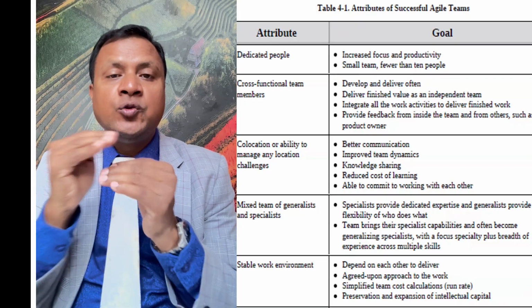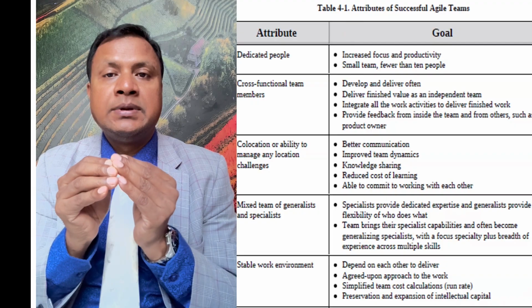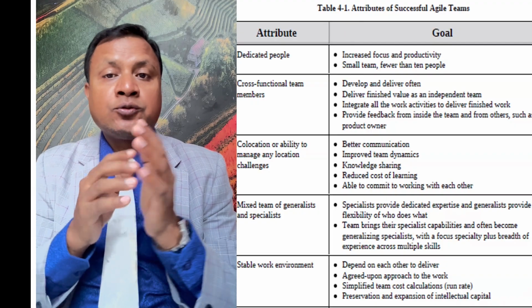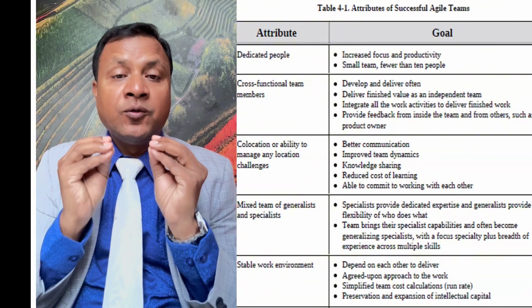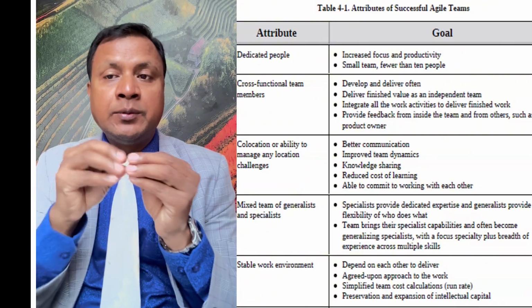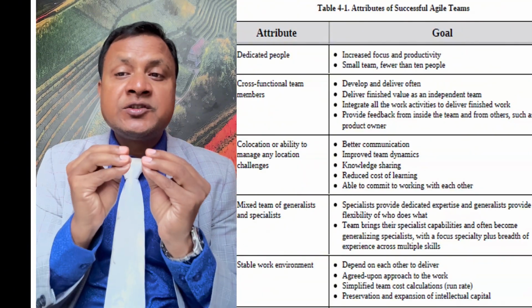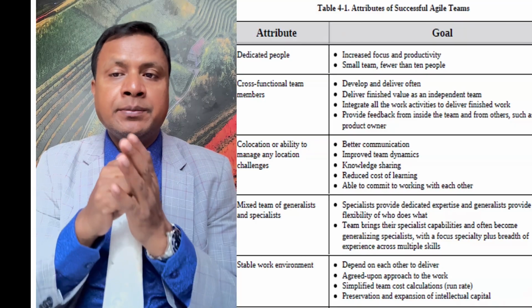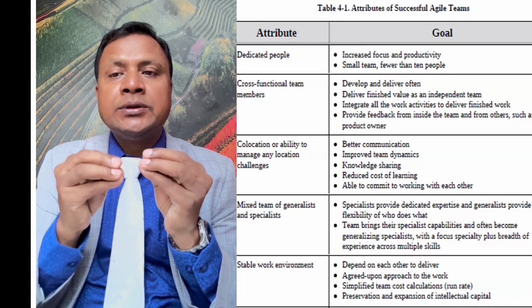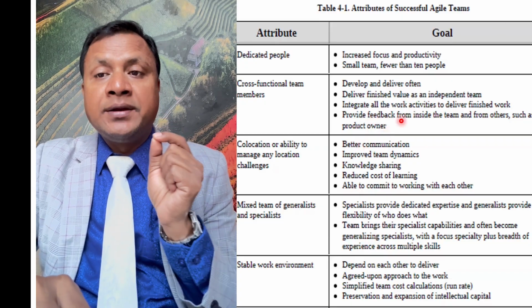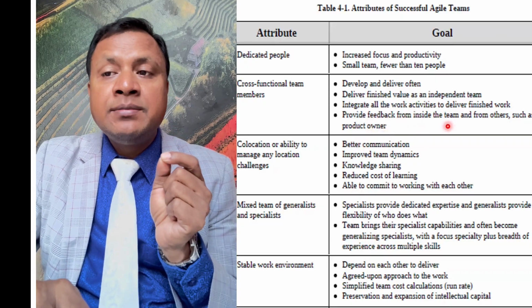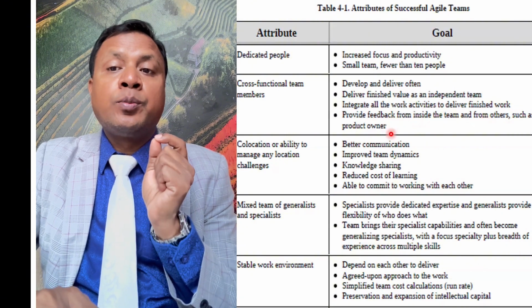Small team, fewer than 10 people. In an agile team, cross-functional team members work better. They develop and deliver the product often. They deliver finished value as an independent team. They integrate all the work activities to deliver finished work.